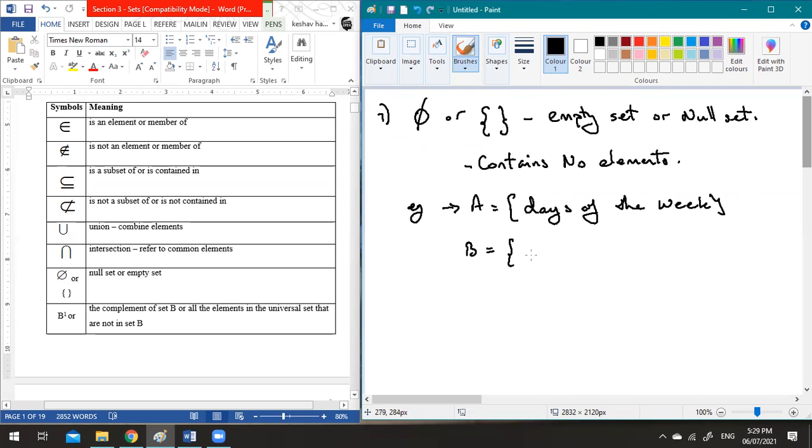And B represents colors. Now, A intersect B would not have any elements. Why? Because A represents days of the week, Monday, Tuesday, Wednesday, and so on, and B represents colors. So there would not be any common elements. So this would be an empty set or a null set.